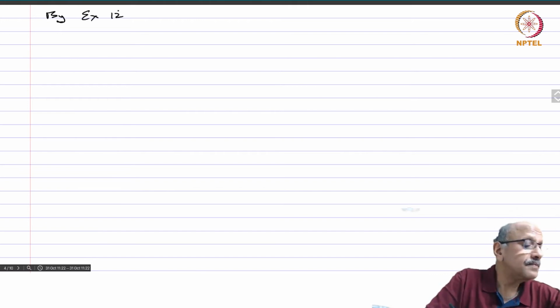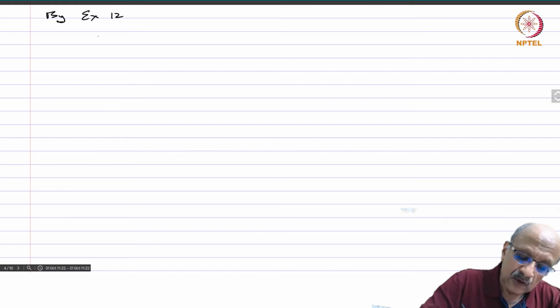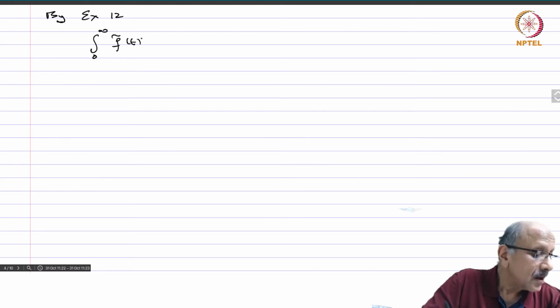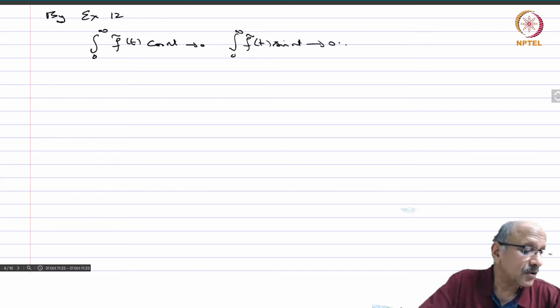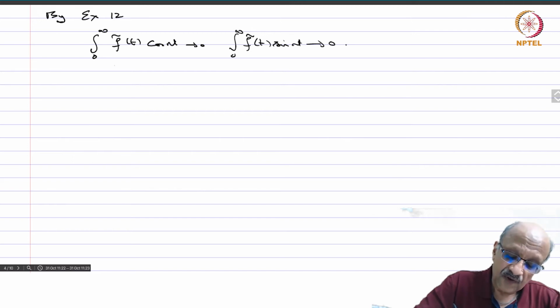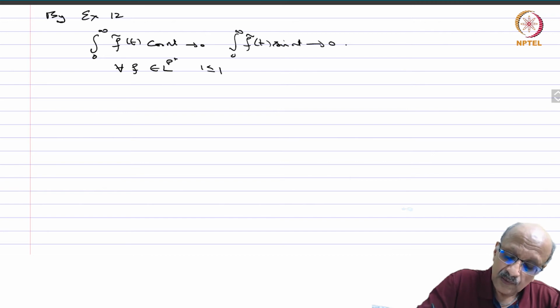So by exercise 12, the integral from 0 to infinity of f tilde t cos n t tends to 0 and the integral from 0 to infinity of f tilde t sin n t tends to 0, for all f in Lp star, 1 less than or equal to p less than infinity.